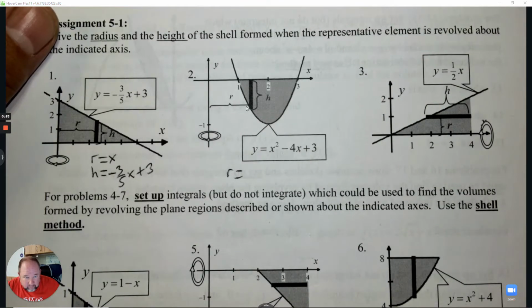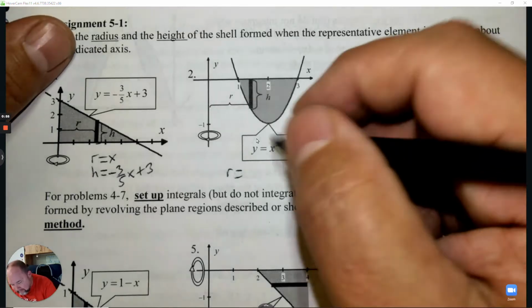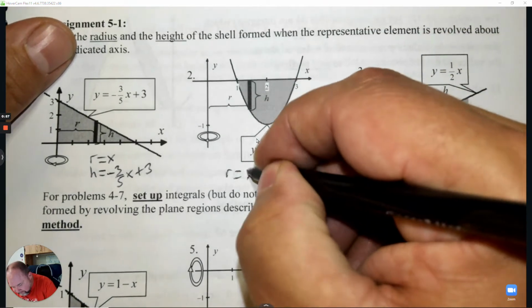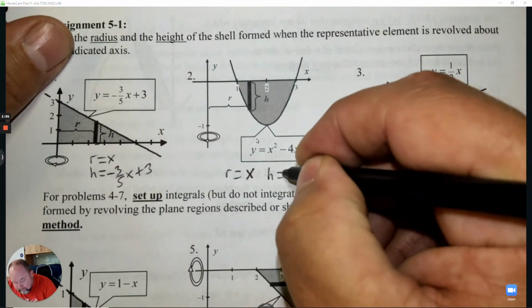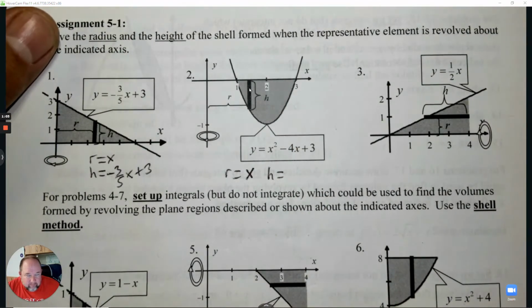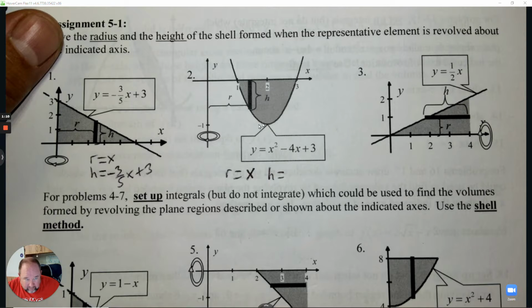For number 2, the radius, again, here's the radius, subtract 0. So it's just the x coordinate, subtract 0. The height, be careful here, it's top subtract bottom. So it's 0 subtract the curve.